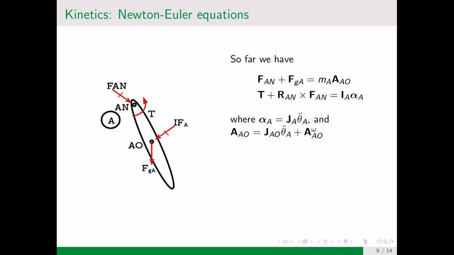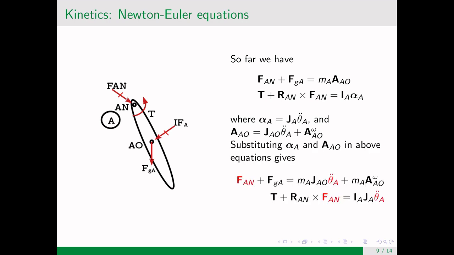From the acceleration analysis, we know alpha and the acceleration of AO can be written in terms of the Jacobian. So we'll write that. Now we have three equations, two force balance and one moment balance equation.